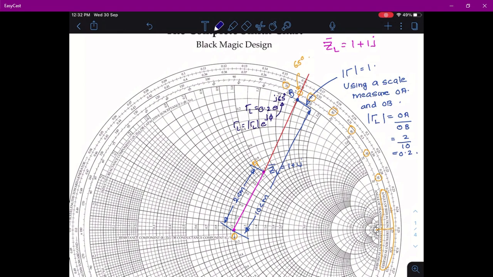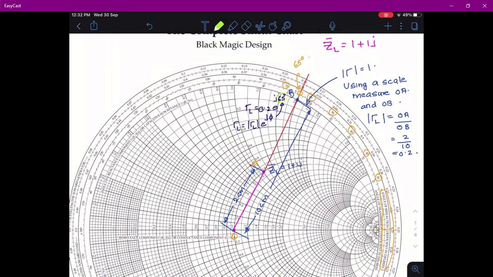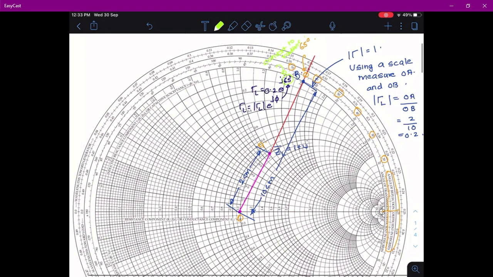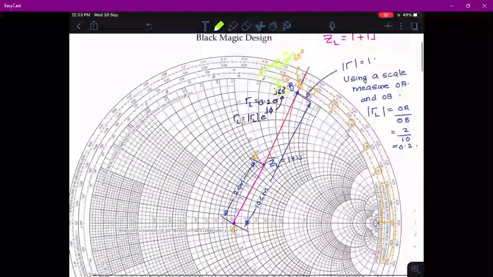So this 65 degree should be converted to radians to get the value. That will give you the reflection coefficient. You have understood this.